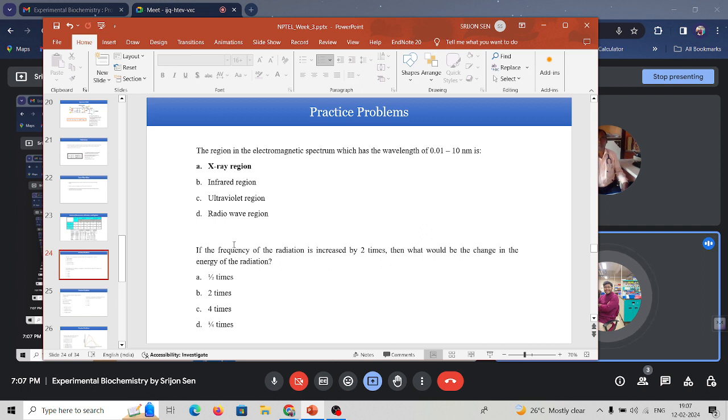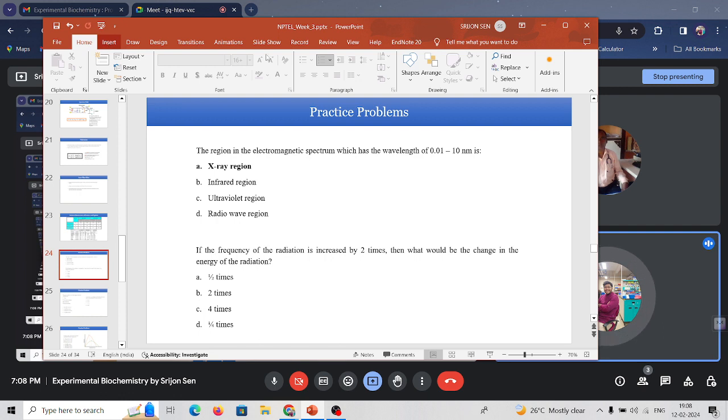Now the next question is: if the frequency of radiation is increased by 2 times, what would be the change in the energy of radiation?